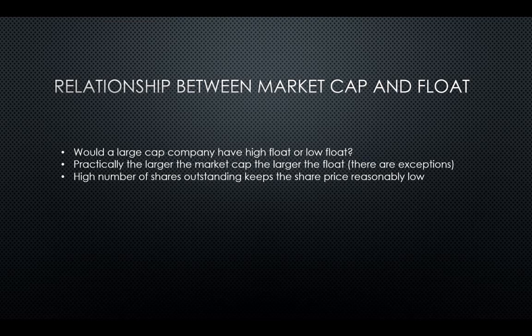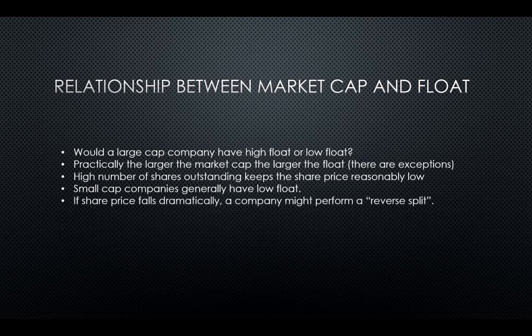So, to keep the share price down, a large cap company must have a high float. On the other side of the spectrum, a small cap or micro cap company usually has a low float. This is due to the fact that the market cap is small, and if the float is huge, this would mean that the share price would be very low, and this could lead to its delisting from the exchange.